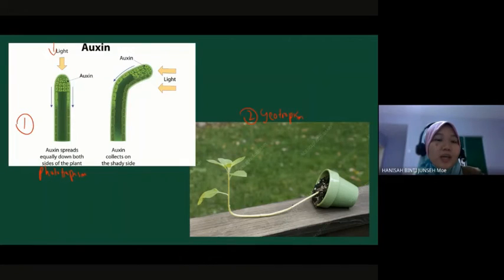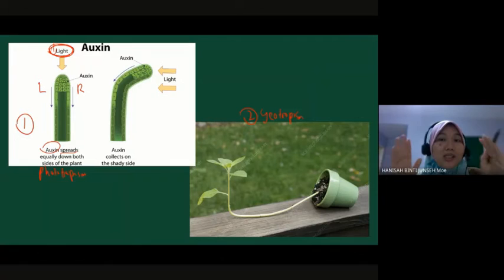the auxin will spread equally down both sides of the plant. Plants have sides, left and right. So when the source of light is from the top, the auxin hormone will spread equally down to both sides.